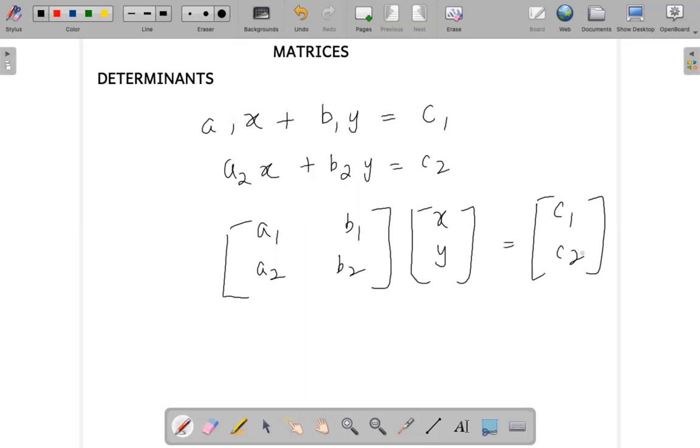Now whether this system of equations has a unique solution or not is determined by the number a1 b2 minus a2 b1.